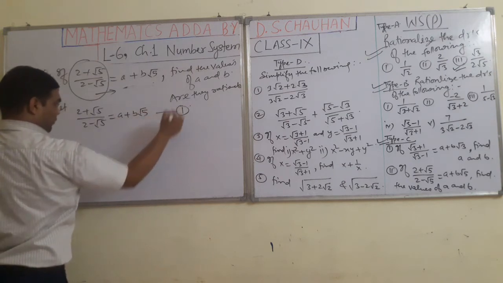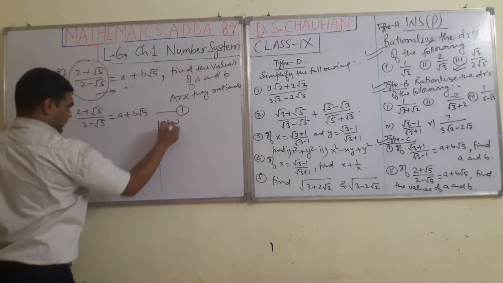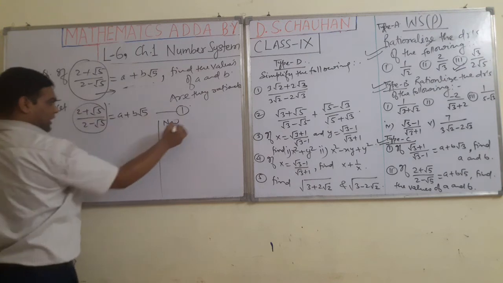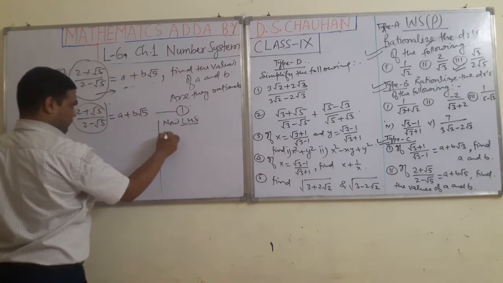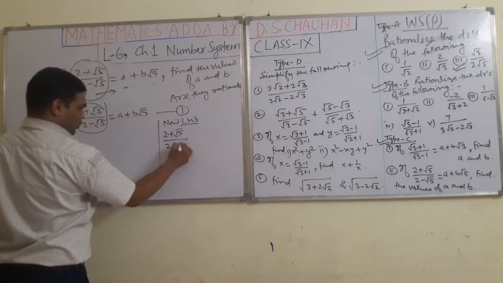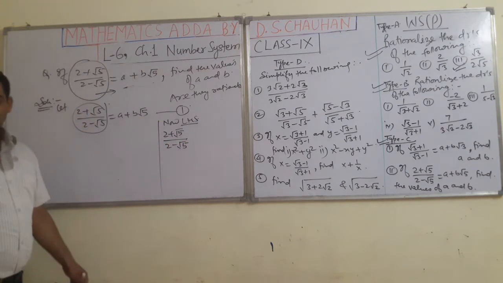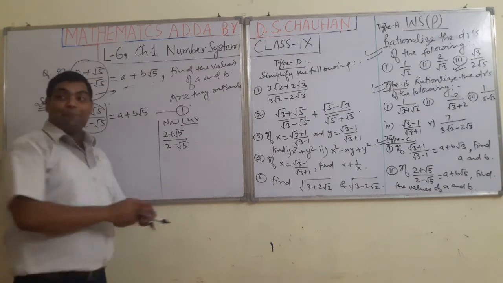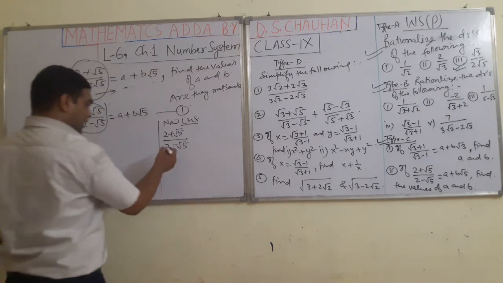Let it be equation number 1. Now this left hand side expression, LHS, I am going to solve in front of you as we did in the previous two questions. How to proceed? Proceed with the help of conjugate multiplication of the denominator.